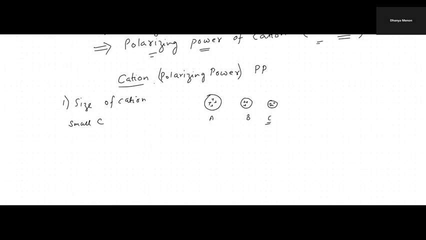But in case of A, it is concentrated over a large area. They will also attract the electrons, but less than that of the smaller cation C.